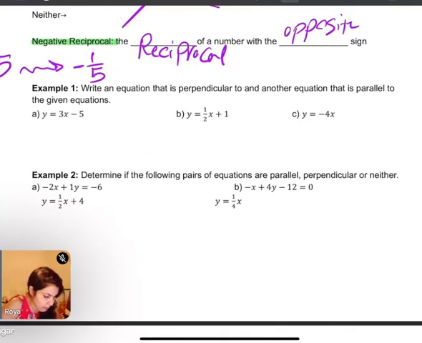Okay, example 1. Write an equation that is perpendicular and another equation that is parallel to the given equations. Question 1. A. I want to write an equation that is parallel to this one.